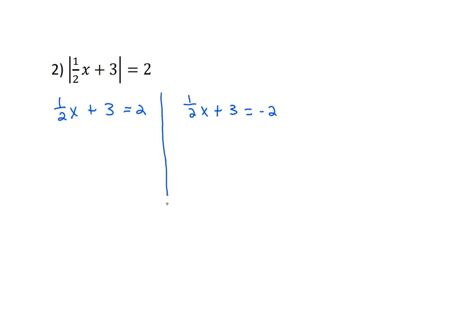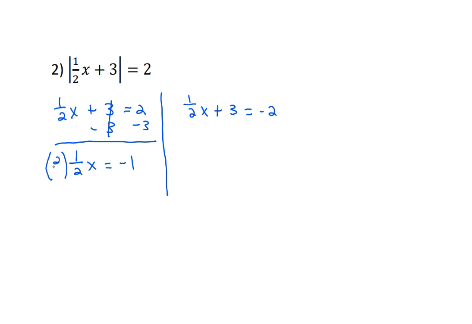Okay, so let's solve these two equations. I'm going to subtract 3 from both sides. And that gives me 1/2 x equals negative 1. So to get rid of a fraction that is a coefficient of a variable, I want to multiply by the reciprocal. 1/2 is being multiplied by x, so we would divide by 1/2, but when we try to divide a fraction by a fraction, we need to multiply by its reciprocal instead.